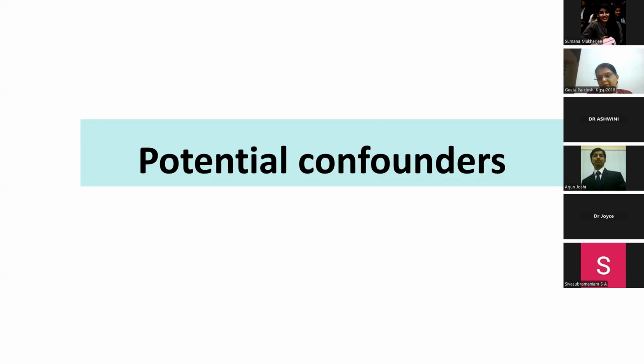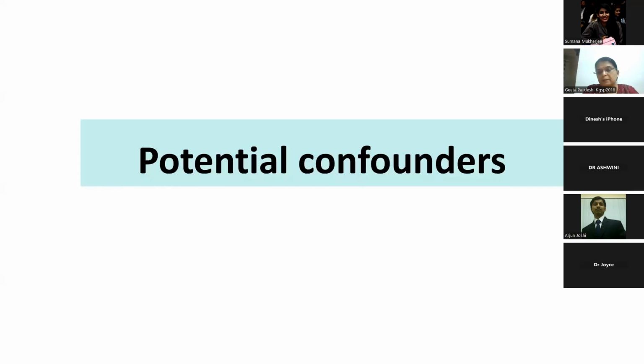So I would again invite some of the participants to share their understanding about confounders and confounding. Ma'am, confounders are variables that should be directly associated with the exposure variable individually and the outcome variable individually, and it should not be in the direct causal pathway.